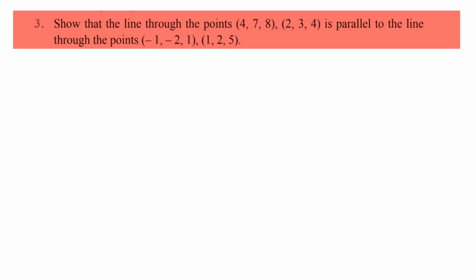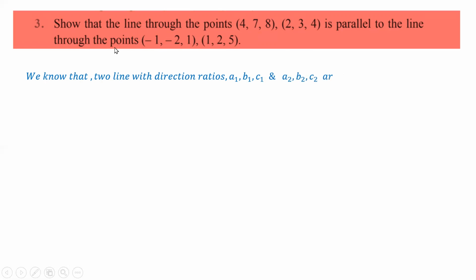Pause the video and try to solve the question, because you have the condition for how to check whether two lines are parallel or not. Then go through the solution. First find the direction ratios for the first line, and secondly find the direction ratios for the second line.